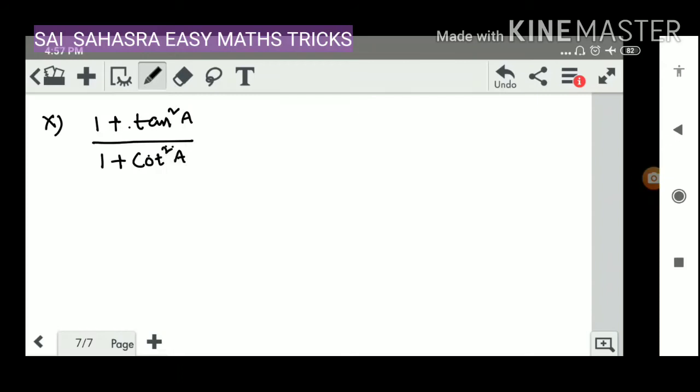As per the trigonometric identities, cosecant square A minus cot square A equal to 1, secant square A minus tan square A equal to 1.